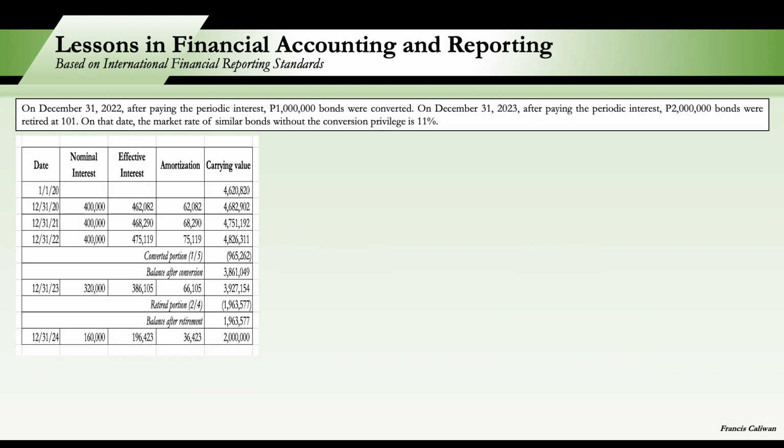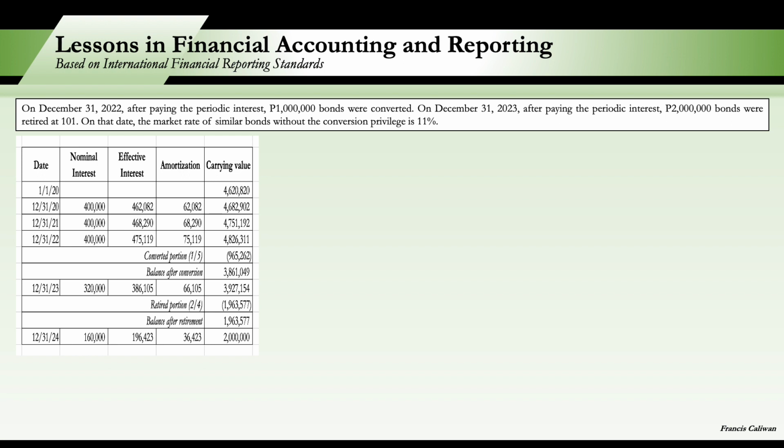Okay, so next is our entry on December 31, 2023 for the retirement of the 2 million face value bonds out of the remaining 4 million. But before we prepare the entry, let us first determine the present value of the remaining 2 million bonds as of December 31, 2023.